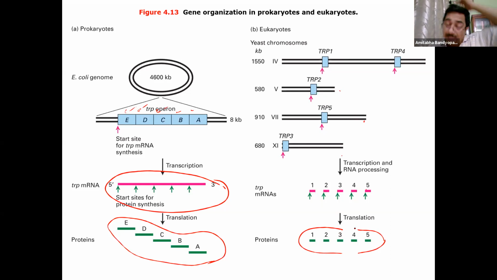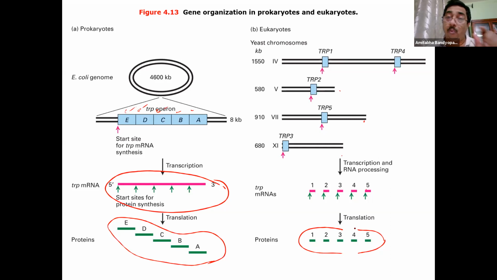Now, you may say that the bacterial system is a much more intelligent system. Why? Because either you need to make tryptophan, or you don't need to make tryptophan. If you need to make tryptophan, you need all the proteins simultaneously.